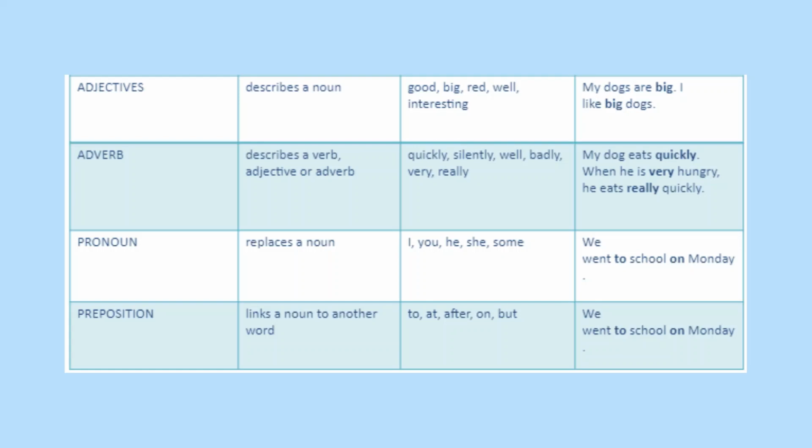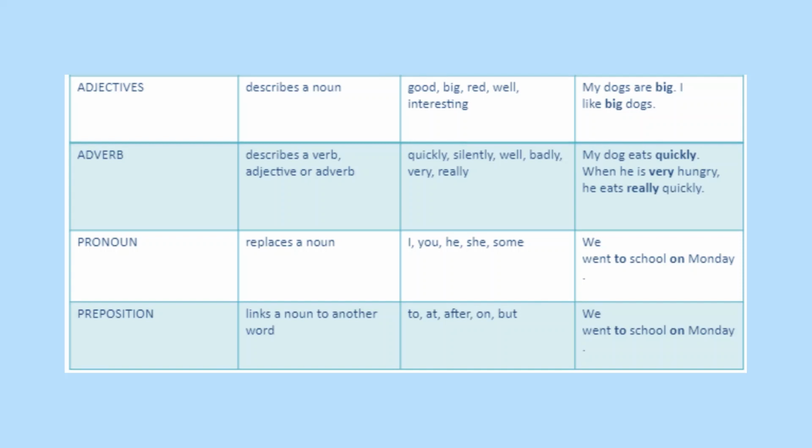The next part of speech is adverb. It is used to describe a verb, an adjective, or another adverb. Let us take few example adverbs like quickly, silently, well, badly, very, really, and so on. Now, let us see some sentences which use adverb in it. The first one is, my dog eats quickly.